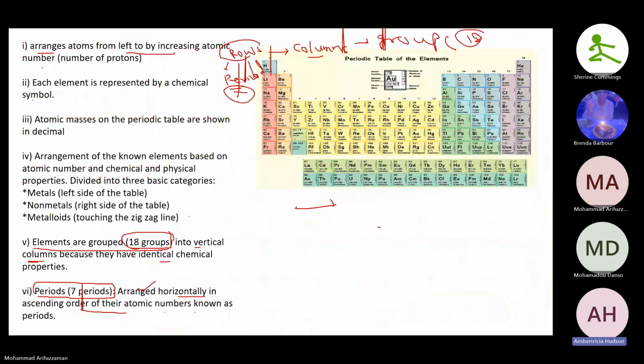Okay. So each element is represented by a chemical symbol. We have seen the chemical symbol. And atoms are arranged from left to right by increasing atomic number. And we learned that atomic mass on the periodic table is shown in decimal.